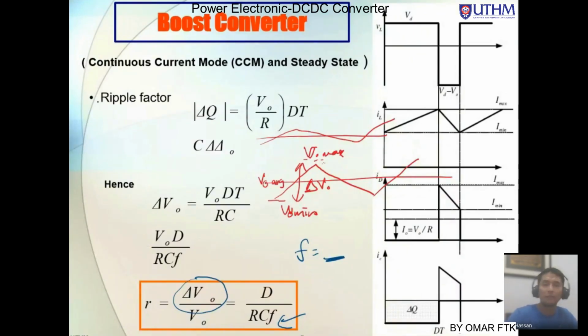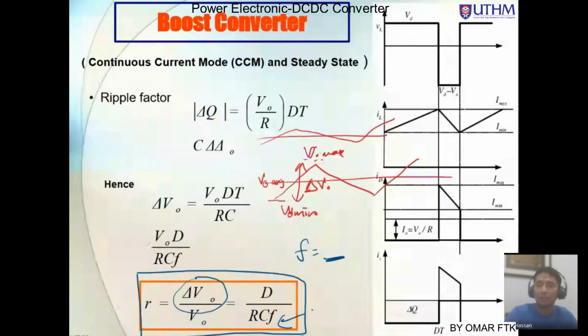Okay, then we also need to determine the ripple factor. Ripple factor means for the output, to determine the capacitor value. So we use this model. Ripple factor r is equal to delta V out over V out.